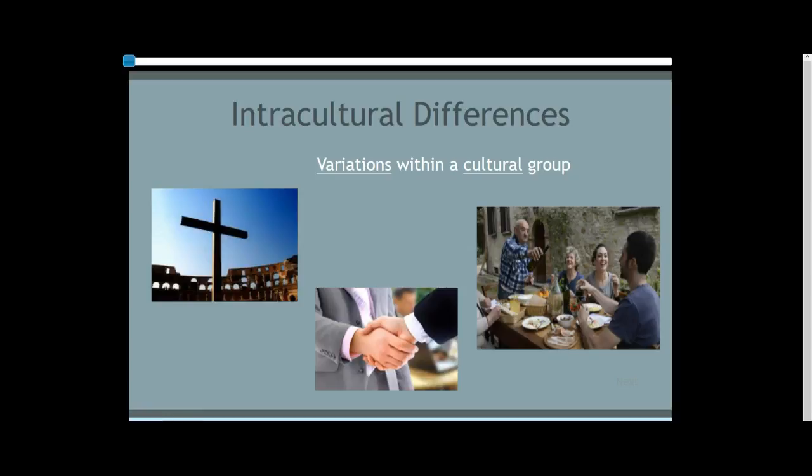And so these are just intercultural differences. We're all in the same culture within the U.S., but then we also have our own values that we hold dear to us and that we might consider and have different variations from different groups.